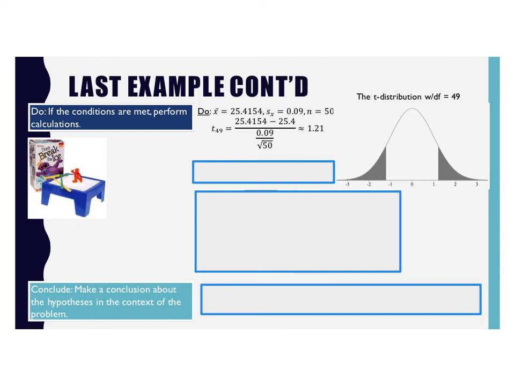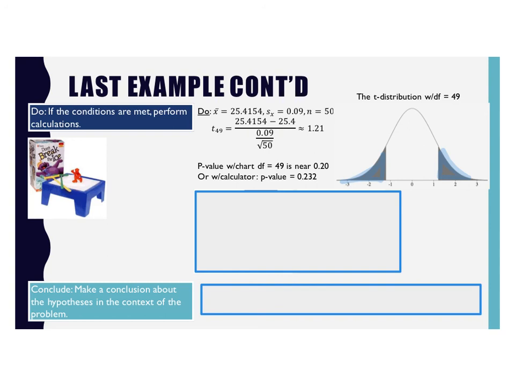When I sketch the graph, notice we have the positive 1.21 and we have the negative. And remember, you have to do two sides for a two-tailed test. I can either use my chart for the p-value, but remember, you have to double it because it's two-tailed.